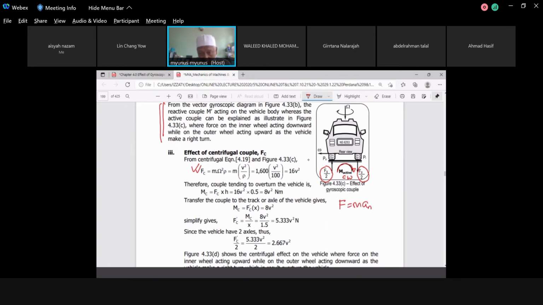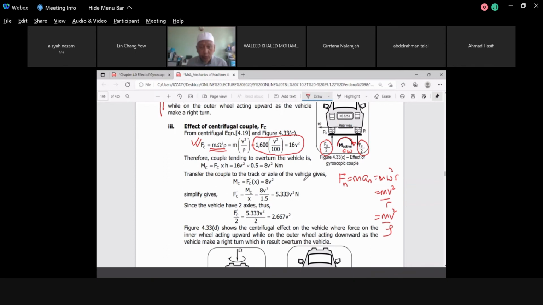Remember, this ma is equal to m omega squared r, which can also be in the form of m v squared by r. But if you look at the radius, it's not constant. You can change that to become m v squared by rho. So now you put this one in this manner.